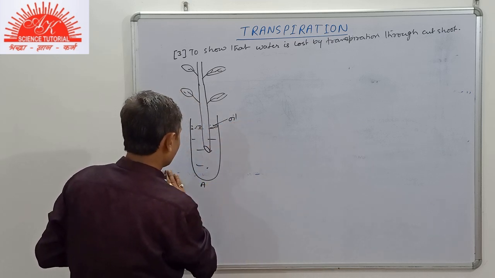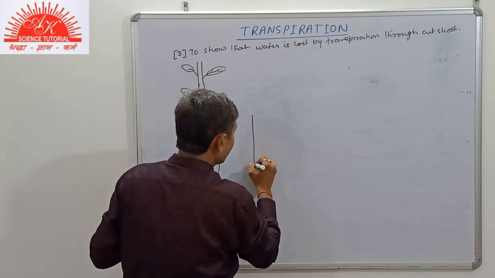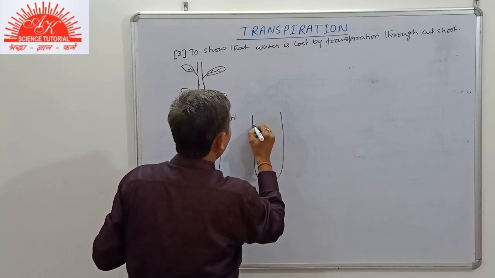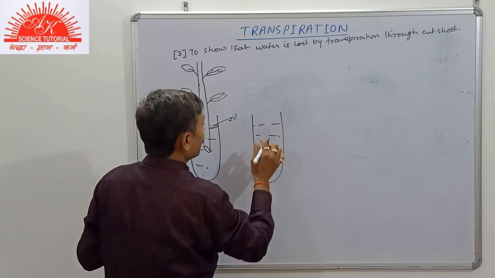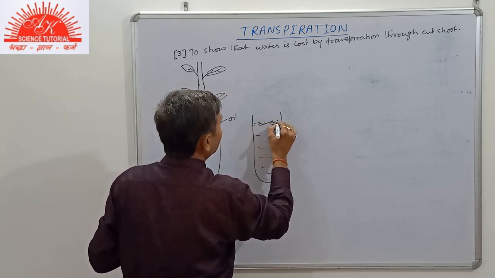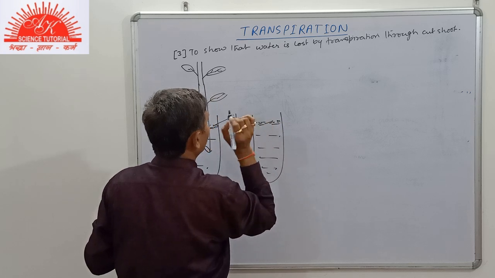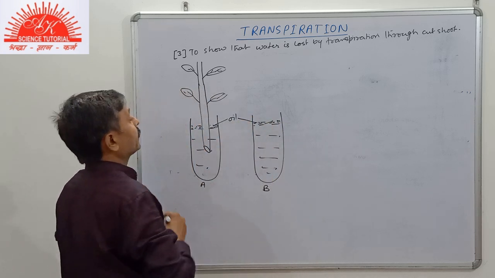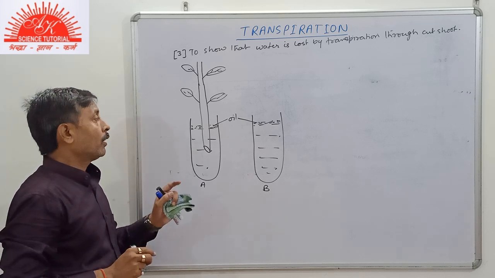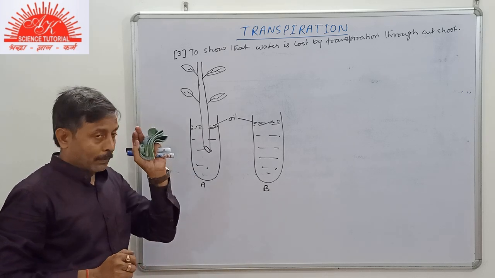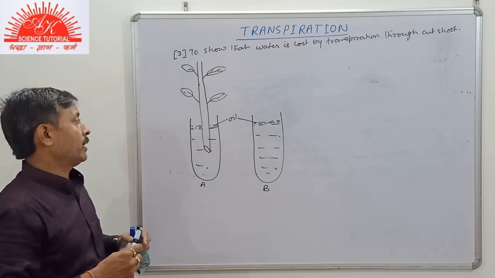This is the setup A. As a setup B, that will be for the control, we just take water, not the twig, and then again the oil is placed on its surface.